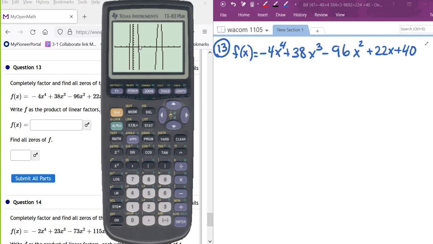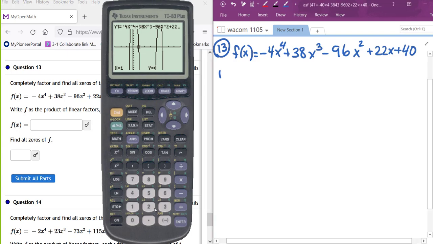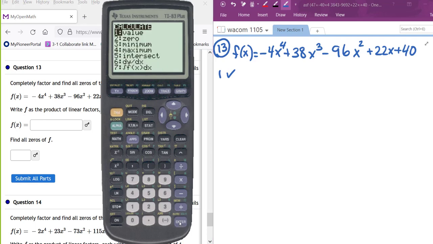All right, let's check this one first. This looks to me like a 1, which we'll check. Second calc, value. And that one works. All right, 2, 3, 4. It looks like 4 is, and it is.